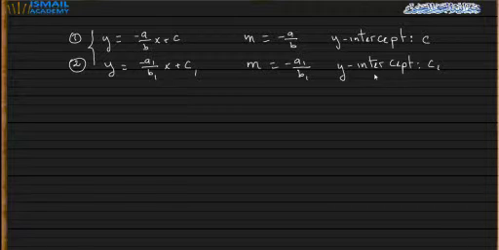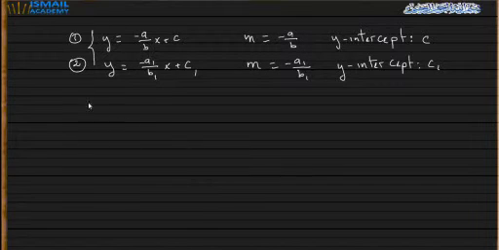So after you find the slope-intercept form, you proceed to the slope-intercept test. This is a shortcut, not to find the solution of the system, but to recognize what type of solution you have.